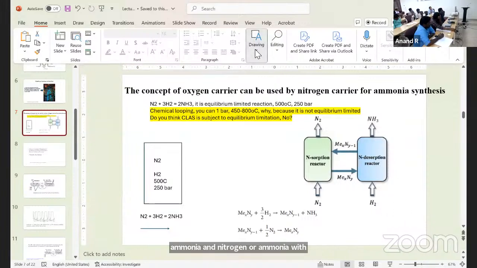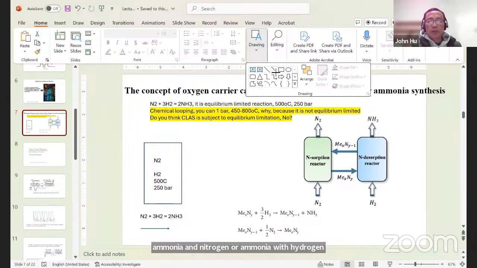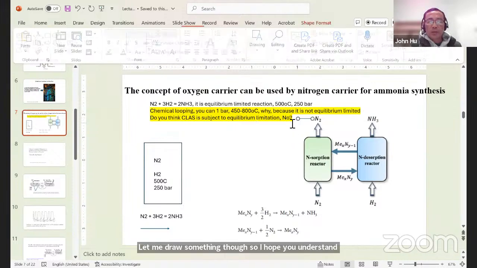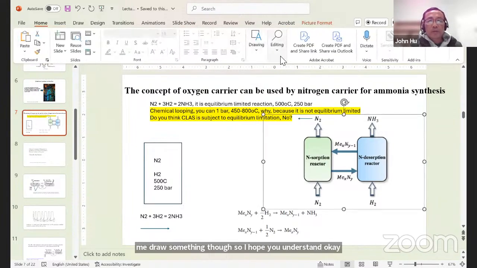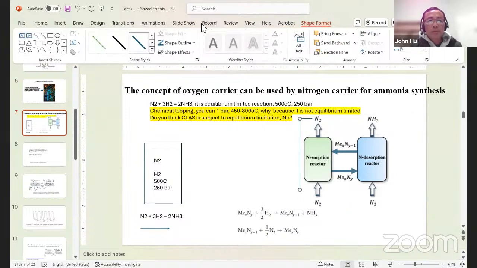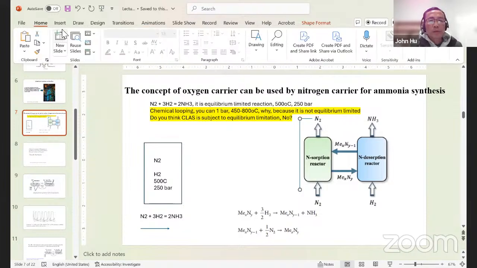Okay, I see. Let me draw something. Good question. Let me draw something so I hope you understand. Okay, so nitrogen. I hope this answers your question.